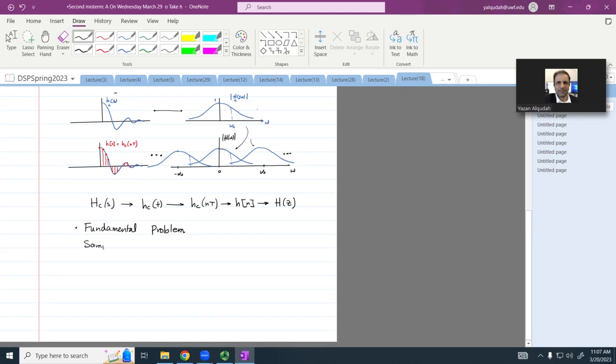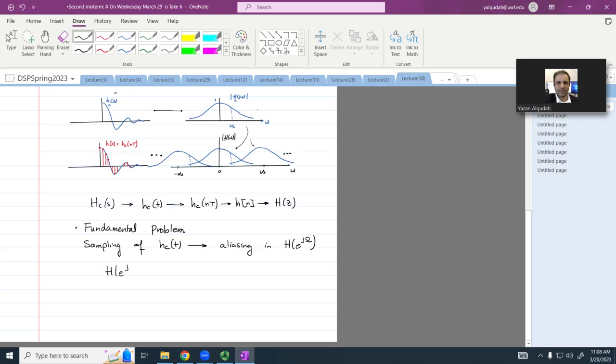Sampling of hc of t, the continuous impulse response, is going to result in aliasing in h of e to j omega.